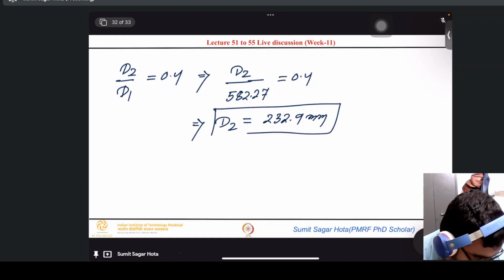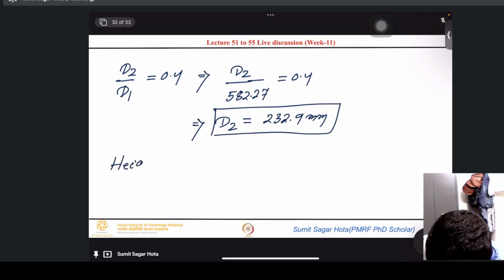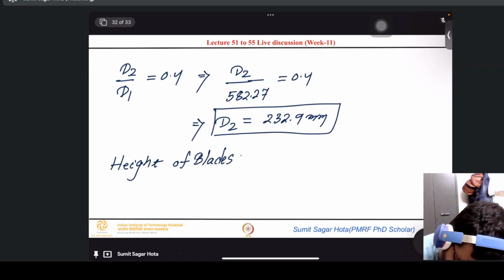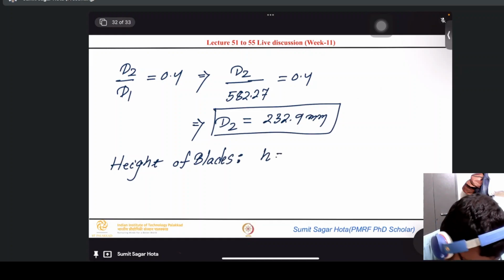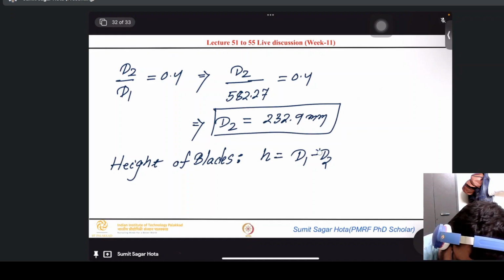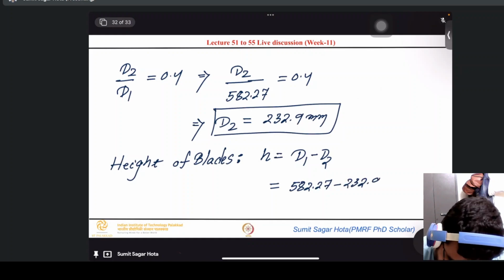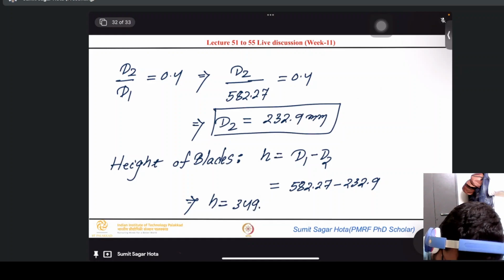If you know d2, what is h, the height of the blades? h is equal to d1 minus d2, what is d1? 582.27 minus 232.9, h is equal to 349.37 mm.